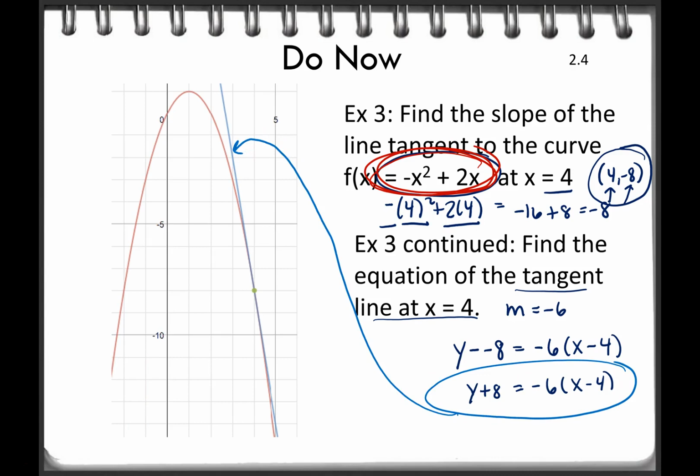And you can go ahead and see that we're talking about the point 4, negative 8. It's a little tricky to understand because your origin is actually here, but this is 4, negative 8. The point right here is 4, negative 8. And you can see that the slope here is a negative 6, right? We're going down 1, 2, 3, 4, 5, 6, right 1. So I've kind of checked my answer.